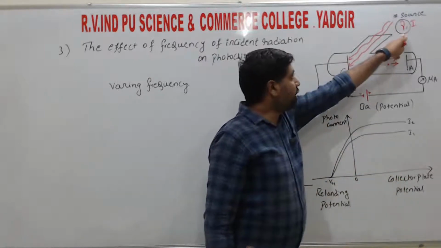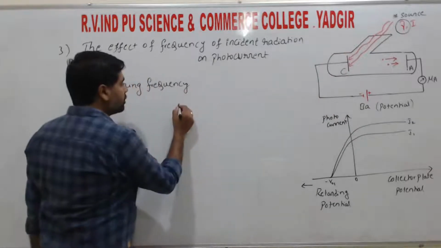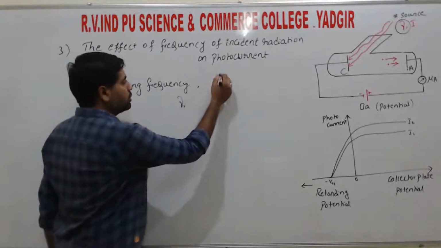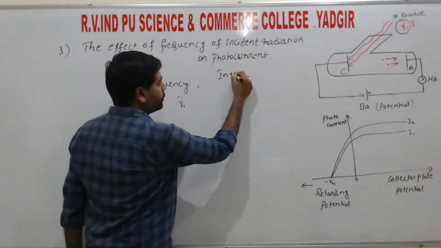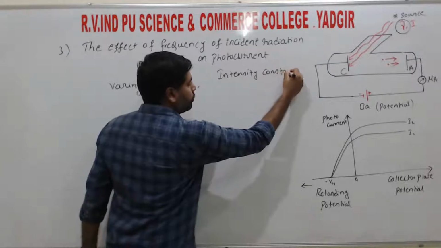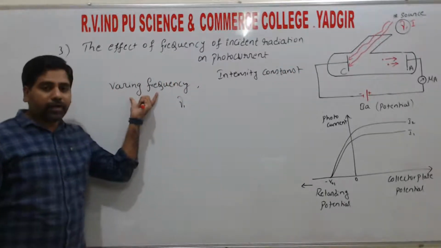Initially we give the frequency value nu1 for constant intensity. Only we are varying the frequency.